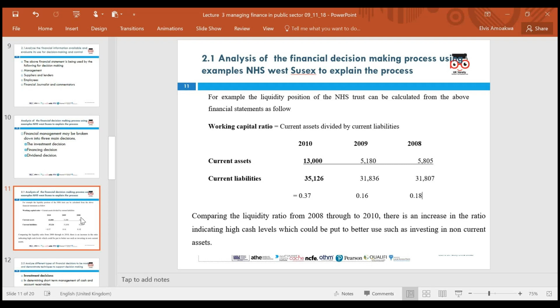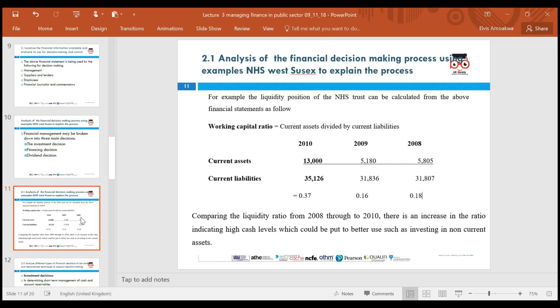So if you go back to the financial statement I showed you, in the balance sheet, we have current assets and current liabilities. So if you want to make any decision on the trust in terms of maybe buying shares, think about your dividend. If you are a bank and you want to loan them money, or you are management and you want to decide, you can use the working capital ratio as your decision-making tool.